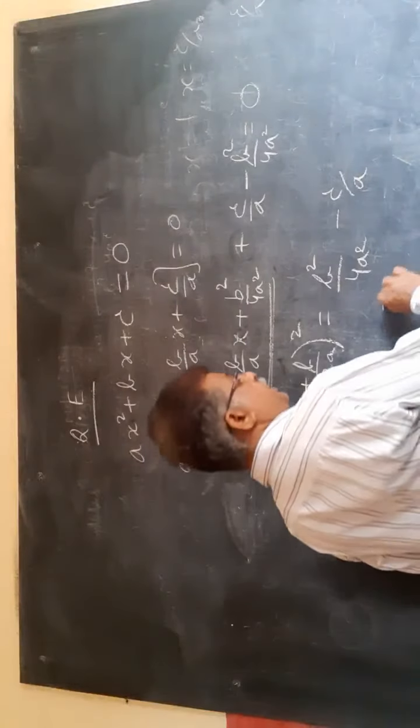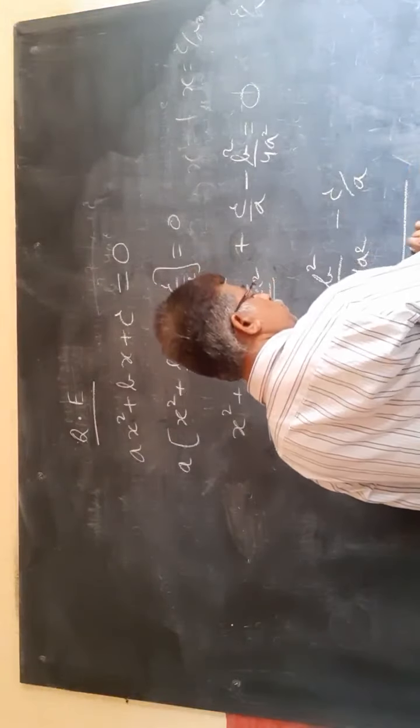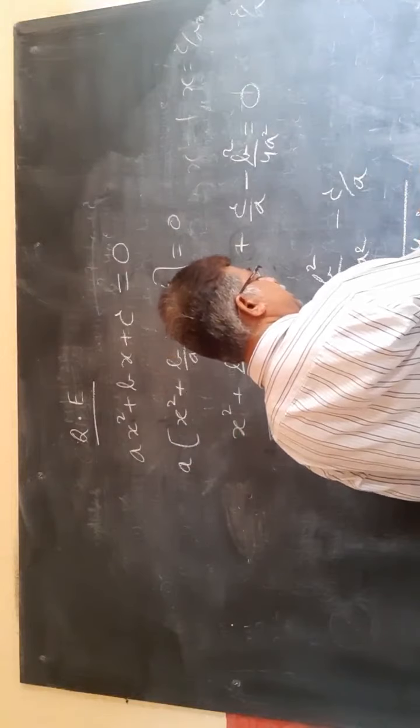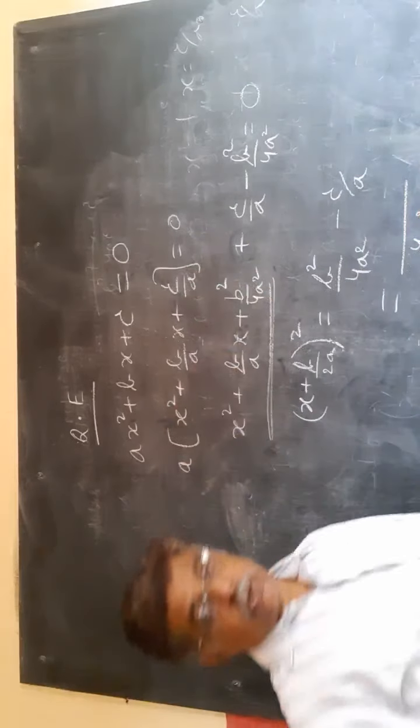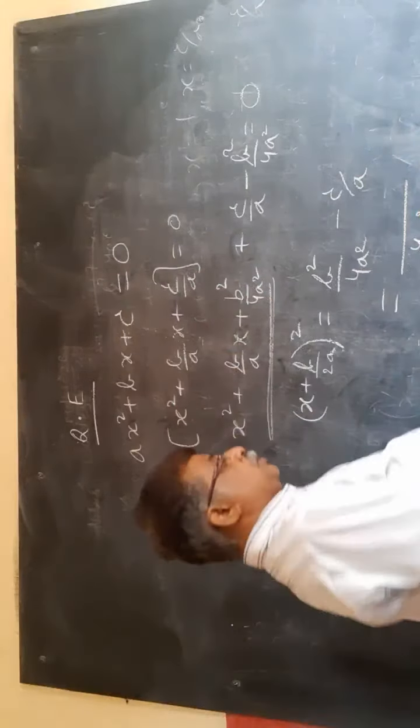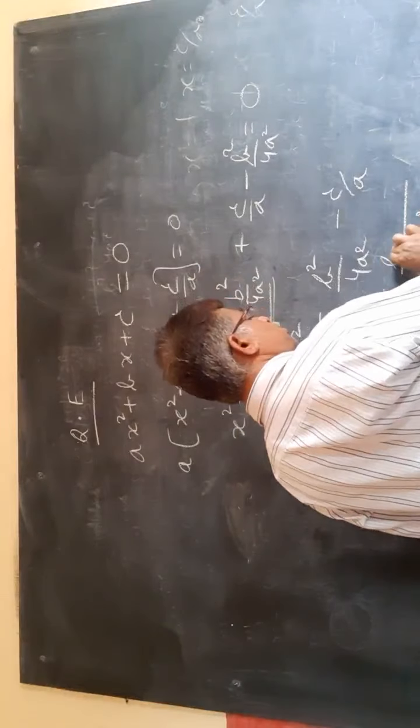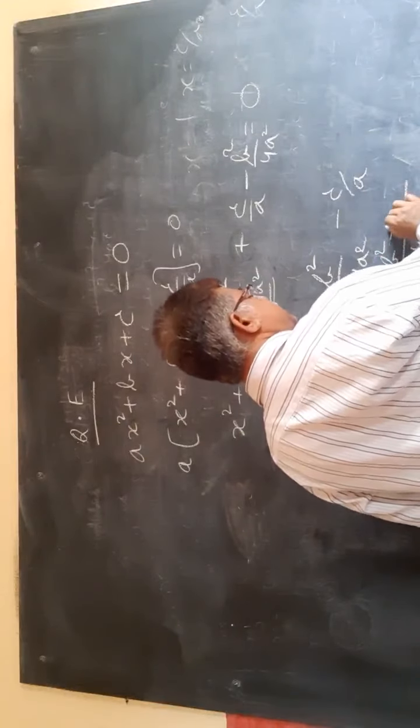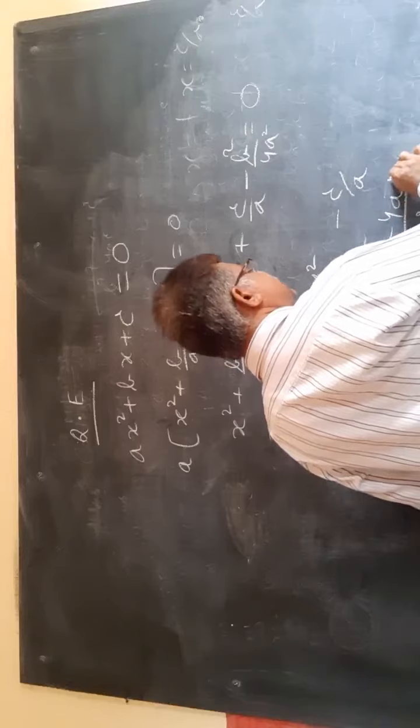Now, if I take the LCM of these two, 4a square is the LCM. So this becomes b square minus 4ac.